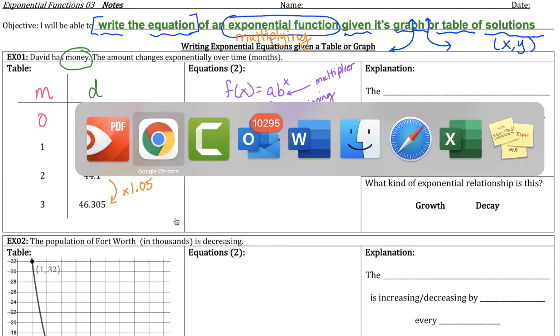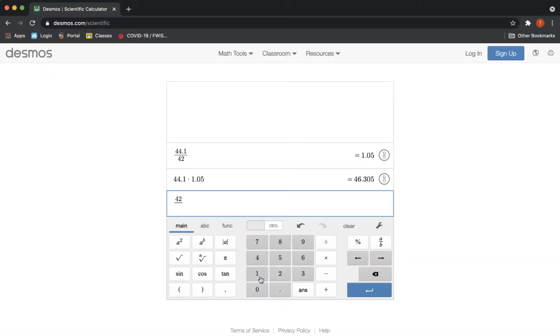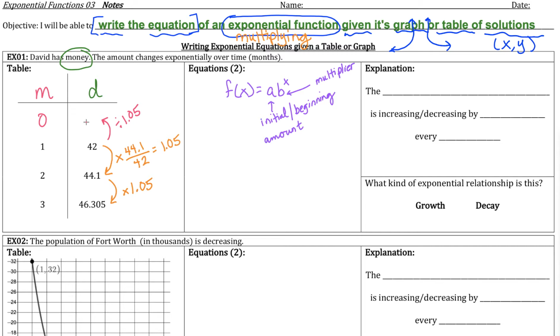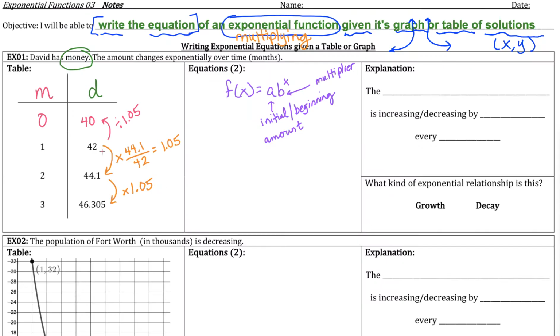So 42 divided by 1.05 equals 40. Okay, so let's make sure that makes sense. This is increasing. Let's take 40 and multiply by 1.05. 40 times 1.05 gives me the 42, which is next.